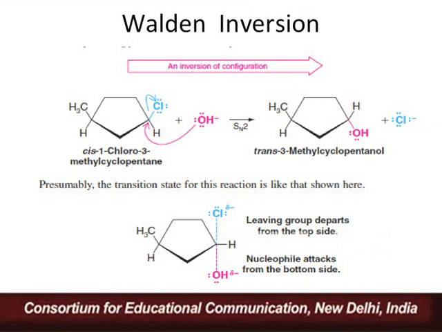Here again we can see that the hydroxyl group attacks the carbon from the opposite side from where the bond will be cleaved between carbon and the chlorine atom, resulting in the formation of trans-3-methylcyclopentanol and the chloride anion, which is a good leaving group.